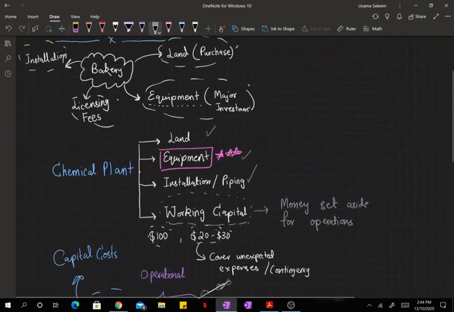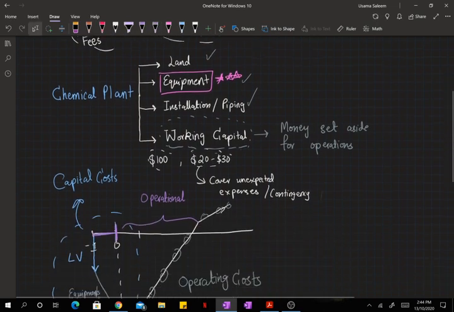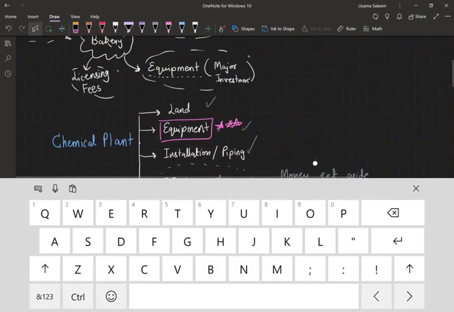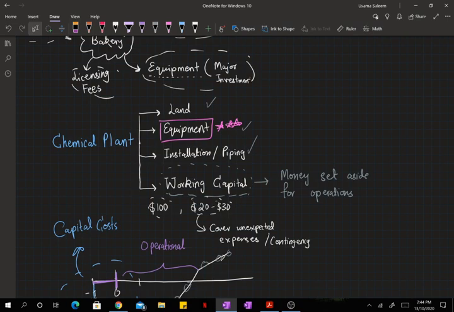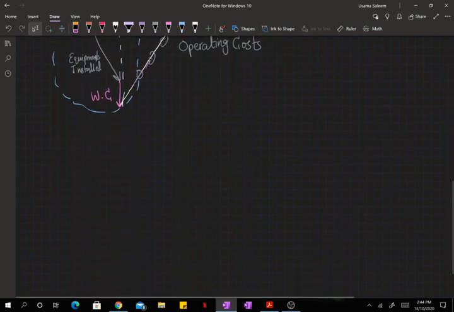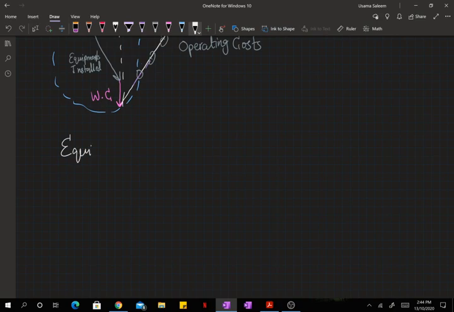Okay, now let's talk about the elements of our capital costs, starting off with the most important, which is the equipment. So, in order to determine the cost of an equipment, you need to first size the equipment. You need to know the volume of your reactor.